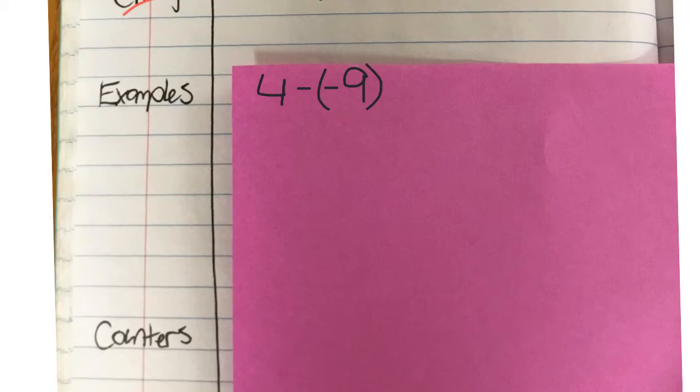So we are going to do keep, change, change. So if I keep the first one the same, now I have 4. I change my sign to plus, and I change the sign of my last number. So it's actually 4 plus a positive 9, which we know 4 plus 9 gets me 13.